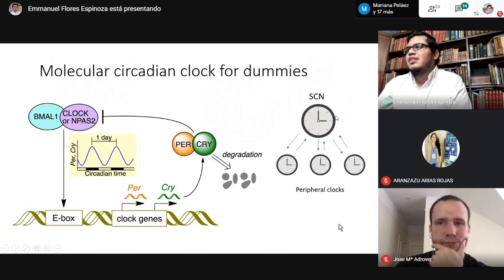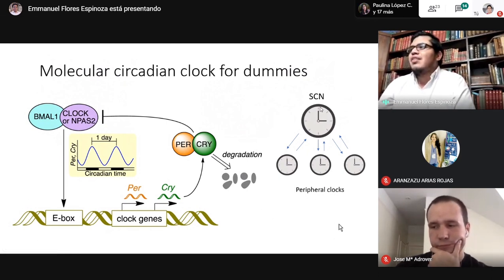In the brain there is a suprachiasmatic nucleus that is named the central molecular clock, and in other tissues like liver, intestine, and immune cells like neutrophils there are peripheral clocks, including parts of the same machinery but also regulating different sets of genes. And it is known that there could be communication between the different molecular clocks.